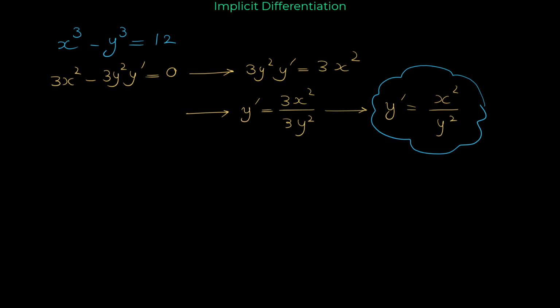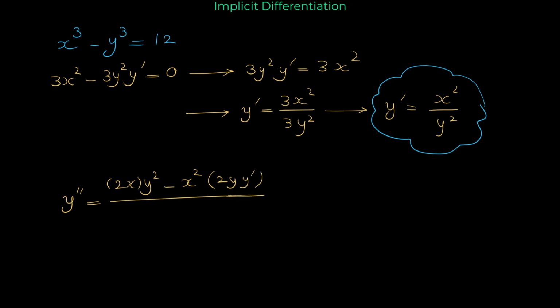The derivative of y prime, derivative of the left side, is y double prime. For finding the derivative of the right side, we use the quotient rule. The derivative of numerator is 2x times denominator minus the numerator times the derivative of denominator, which is 2y y prime. Don't forget y prime.